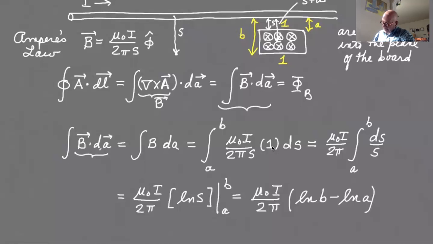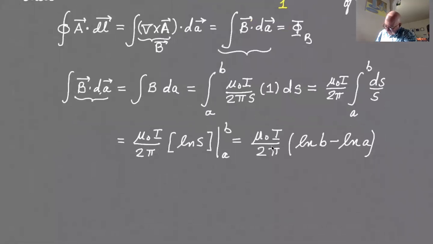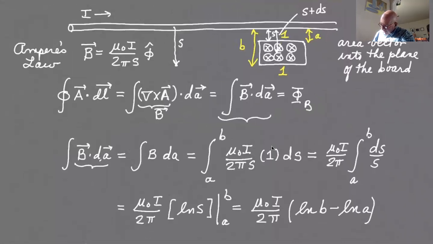And so that's going to be the following, right? It's going to be the line integral of A dot dl, all right? Now, if the magnetic field at some distance from the wire is the same, right? It's a constant, right? As long as I don't move away from that distance s, the magnetic field will be the same, okay?